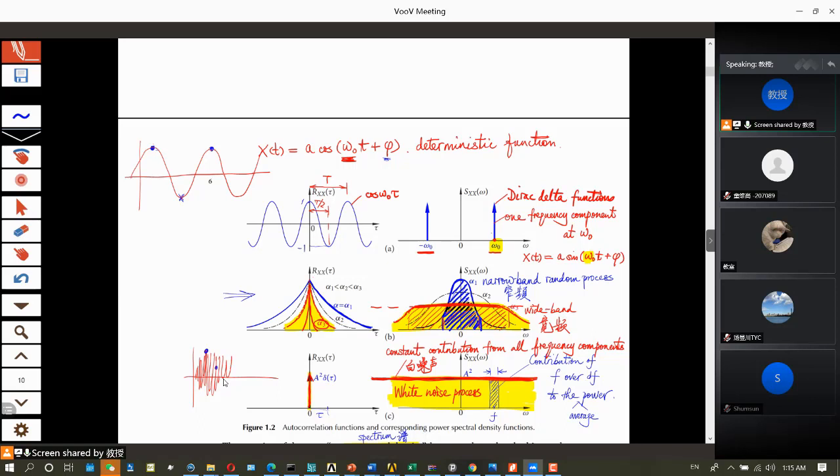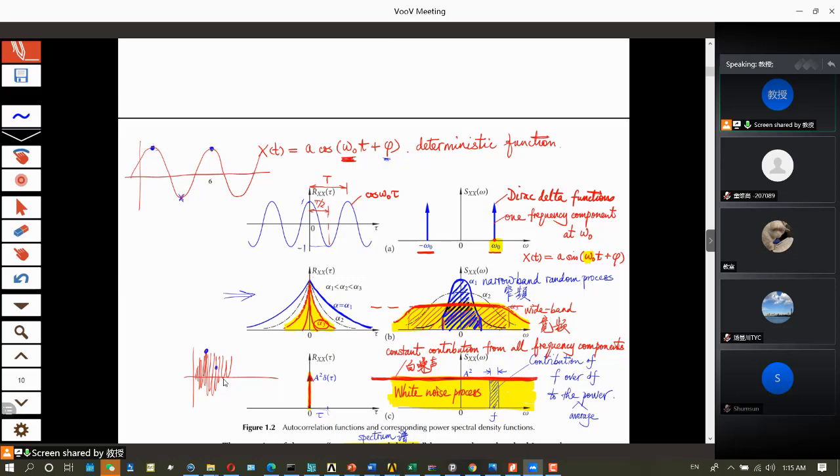You can see that from a delta function for the frequency band, a power spectral density, it is a harmonic function. When you make it wider, it becomes a narrow band frequency.